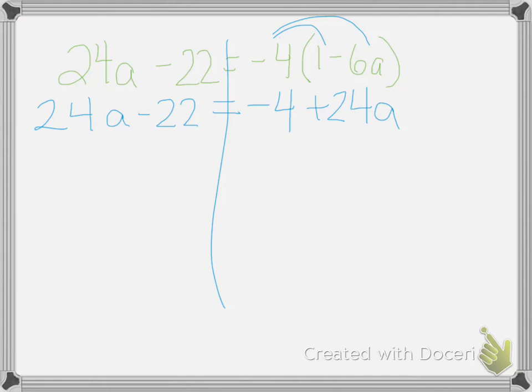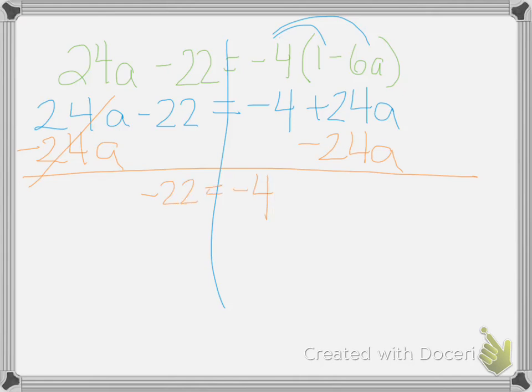So now I like to combine my like terms from opposite sides of the equal sign first. So I know that that means that I need to do the opposite to that. So 24a minus 24a cancels out. I have negative 22 equals negative 4, and then minus 24a minus 24a cancels out, so there's nothing to write there.